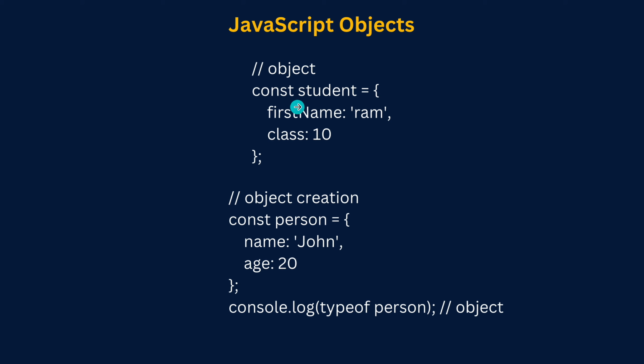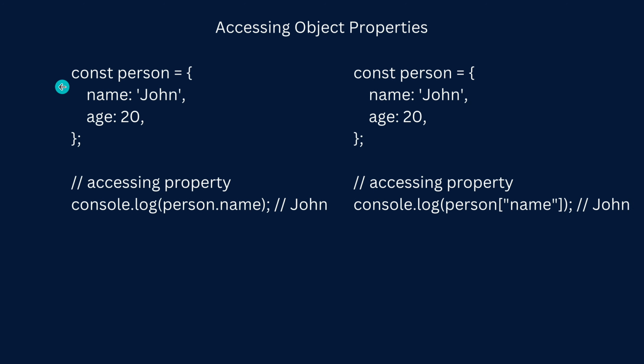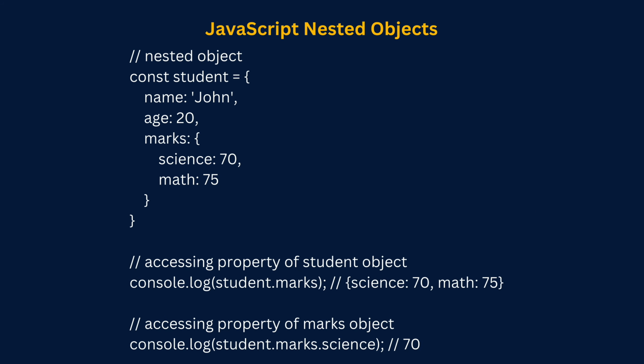An object always holds values in terms of key and value. So here the person name is John, age 20, and I want to access the name. How can you do this? Console.log, type the object name and then the key. It will return the value John. So this is the way you can access.